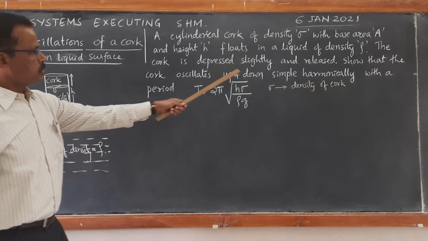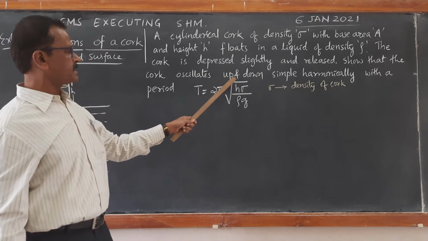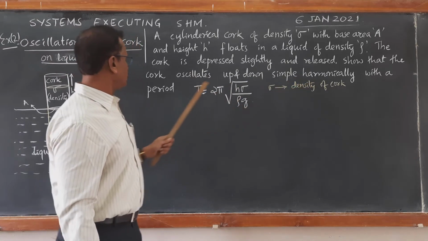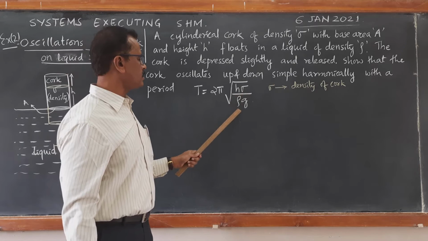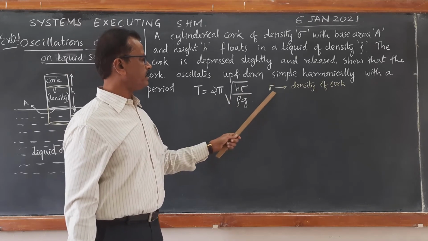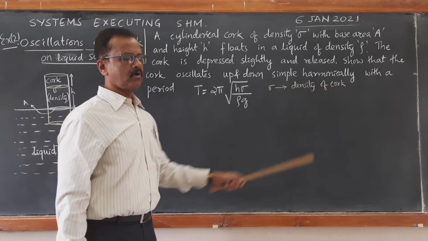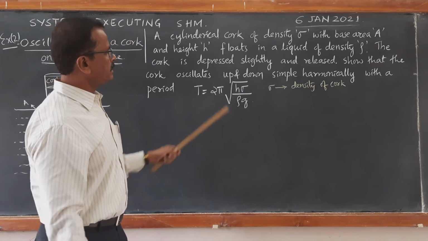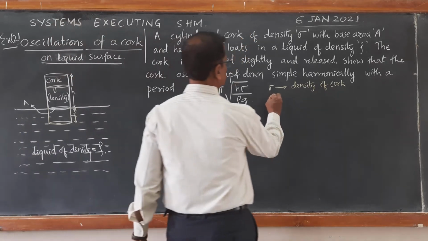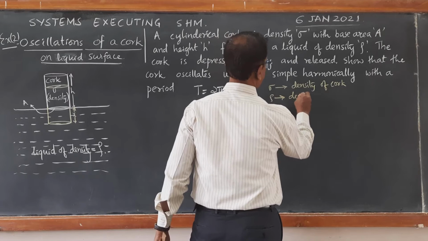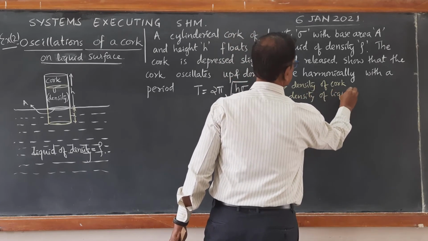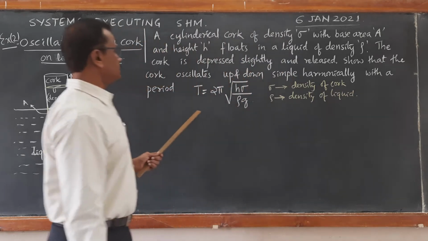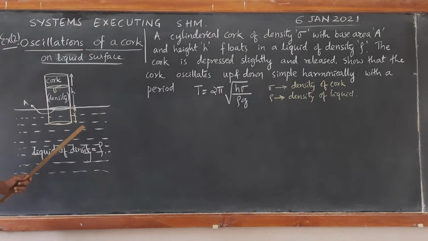right? Show that the cork oscillates up and down simple harmonically with a period T equal to 2 pi square root of h sigma upon rho g, where sigma is the density of the cork and rho is the density of the liquid. Here we have to ignore the damping effect of the liquid.